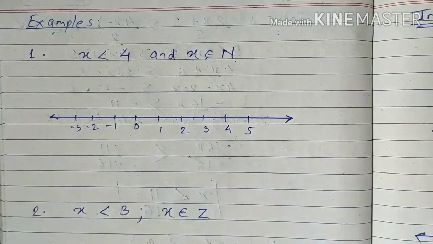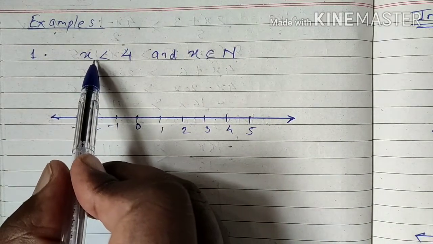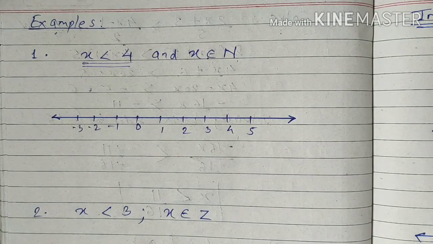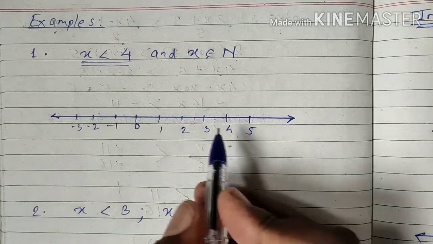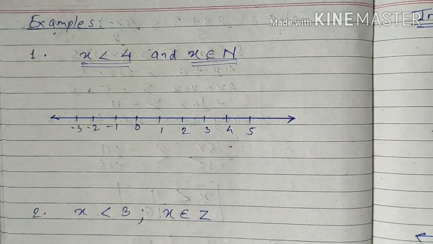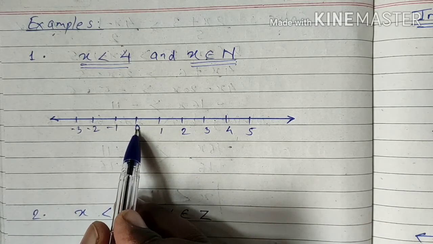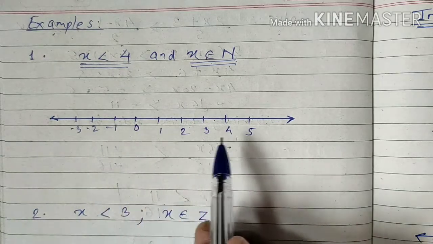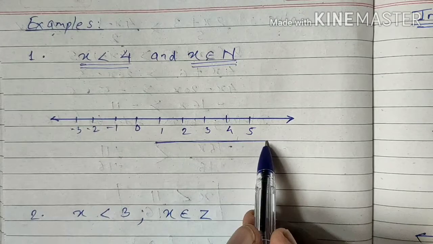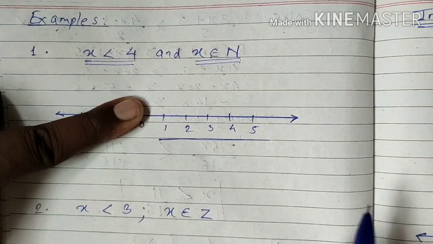This is the number line. Which elements do we want to represent? The numbers less than 4 that also belong to the natural numbers. Since it is a natural number, we will not represent 0 and negative numbers, because natural numbers start from positive 1 only.